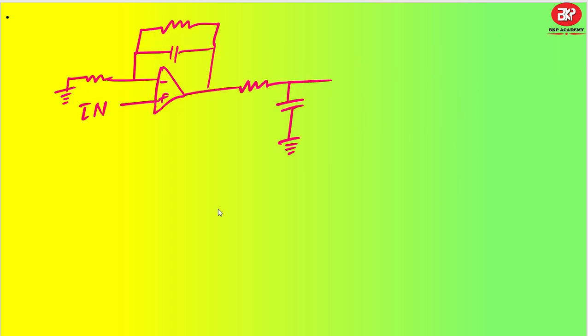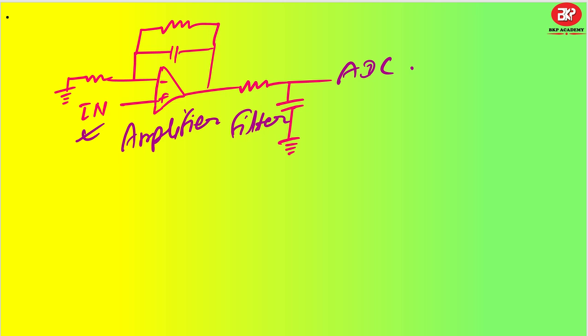Another way is again the input voltage connected to my ADC pin here. So this is my filter, and this is an amplifier as well as an integrator.